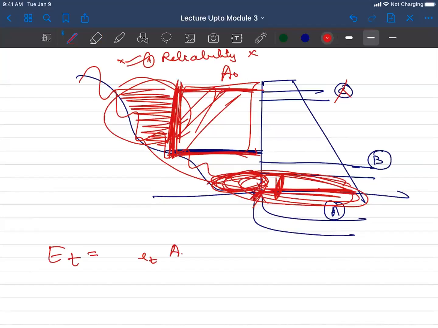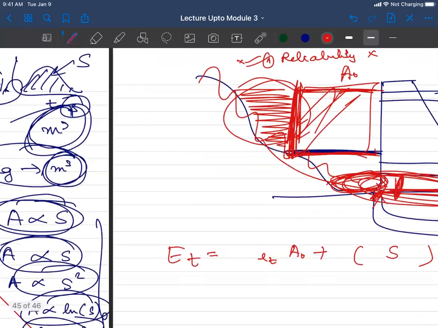Multiply by A naught plus some storage multiplied by that coefficient, which we were saying is m, the slope of the regression line that you have drawn. Because you said that y is equal to mx plus c, and now this intercept is going to be 0, because when our storage is 0, then there is no point in worrying about the surface area also. Right? So basically we can simply multiply it by the relationship that we have developed here.